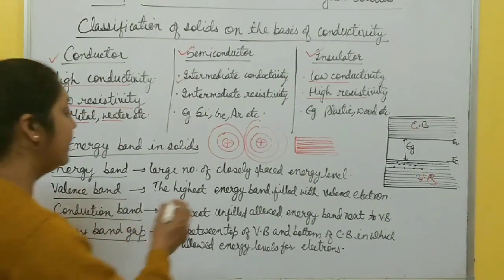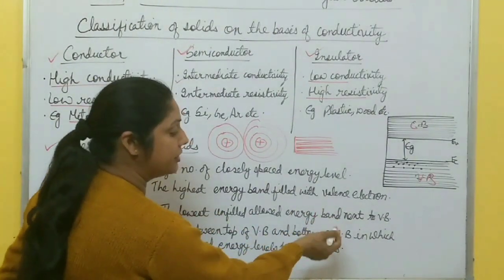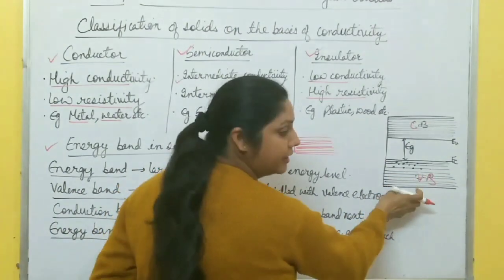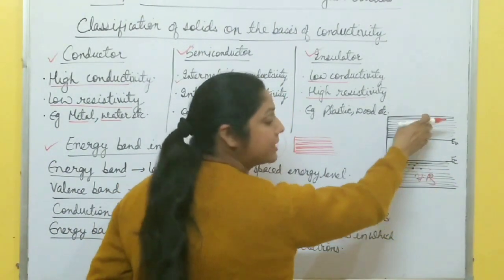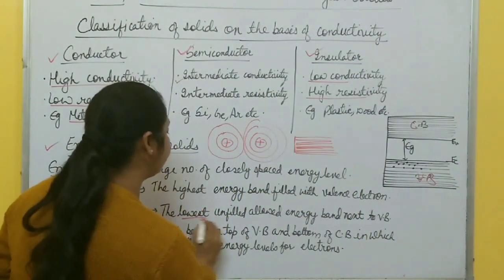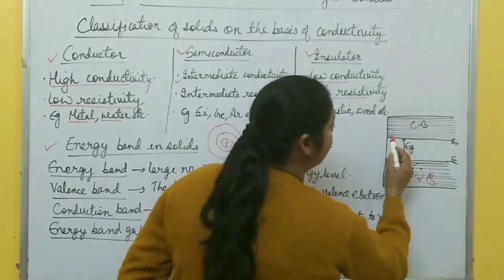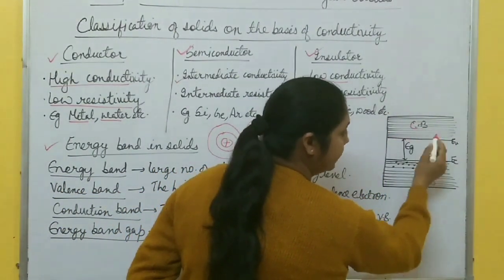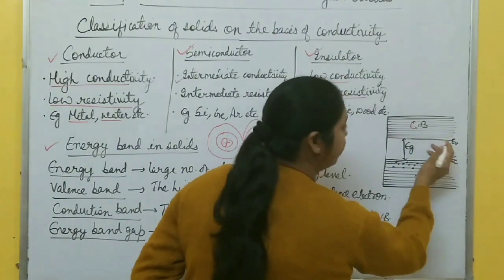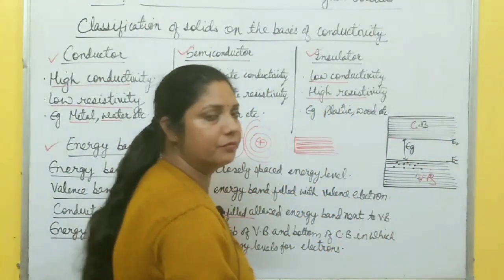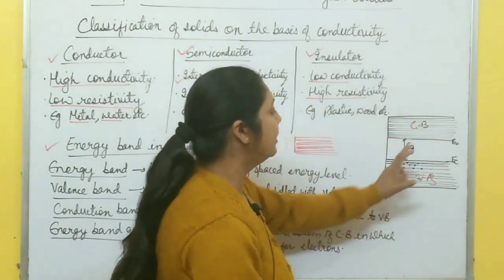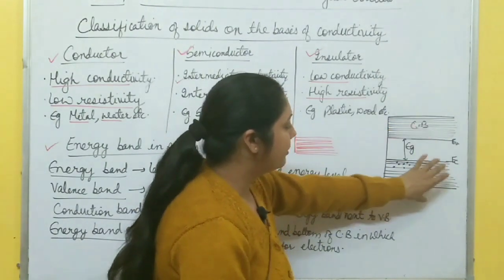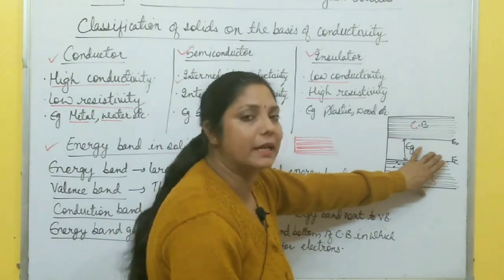What is conduction band? The lowest unfilled allowed energy band next to valence band. This one is valence band, and next to valence band is conduction band. These are allowed energy levels in this band, and these are unfilled, maybe sometimes filled also with one or two free electrons, but this one is unfilled and valence band is filled with valence electrons.